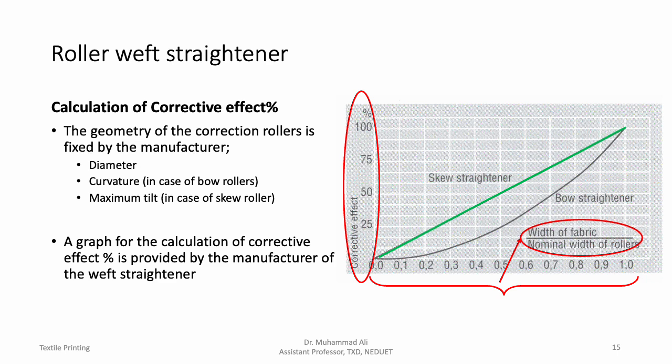This line here you see, the green one, is the line that we use for calculation of skew correction percentage. And this curved line in the graph, which I've highlighted in blue, is the line that we use for calculation of bow corrective percentage. This point will hopefully become more clear when we look at an example in the next slide.